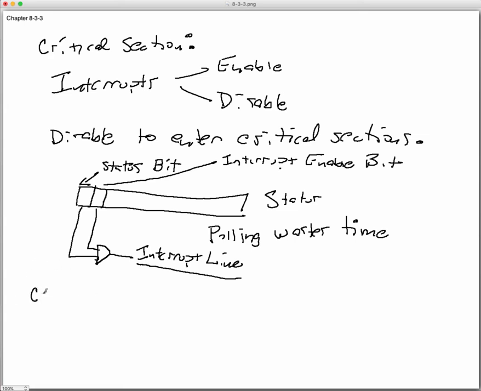Let's take a look at a CPU. Now, we've been used to looking at a CPU from the inside. I want to look at it from the outside. When you look at it from the outside, and now I'm talking about an actual computer chip, so here's a computer chip right here. I know that's a very bad drawing. And again, there are lots of lines going into the computer chip.